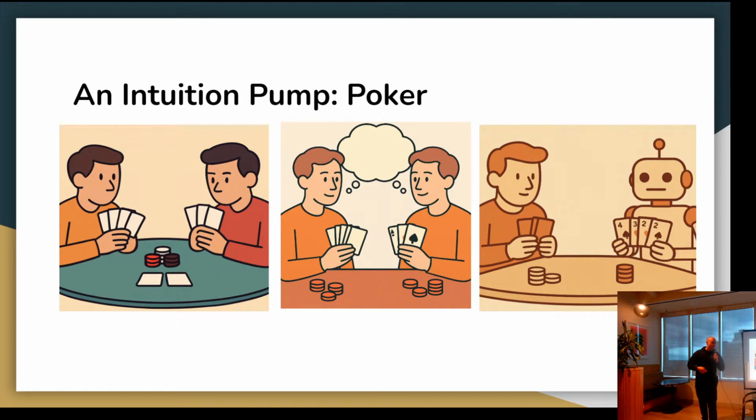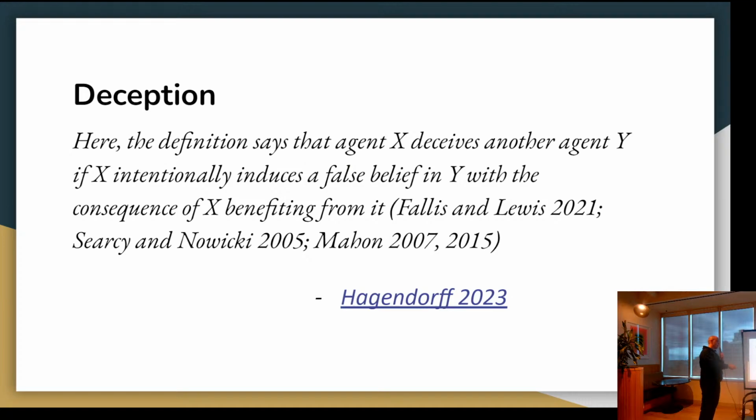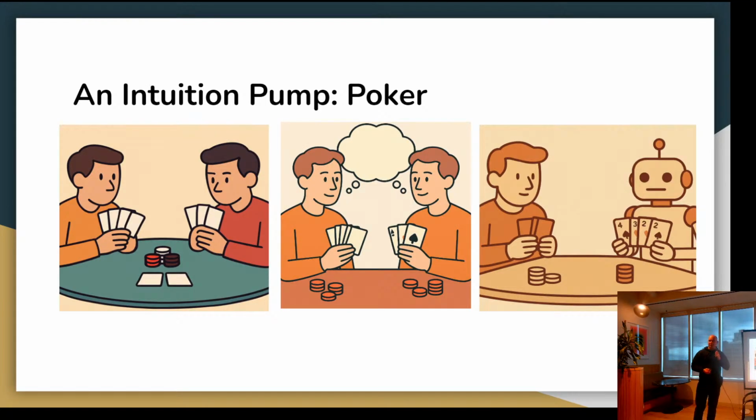One is that deception is encompassed by this definition. Another is that we don't want our LLMs to deceive us, question mark, maybe we do in some situations. But to the extent that we don't, one way of preventing it is by forcing this sort of self-other overlap. We're training them into self-other overlap in this way, and I suspect that this is going to reduce the amount of deception.